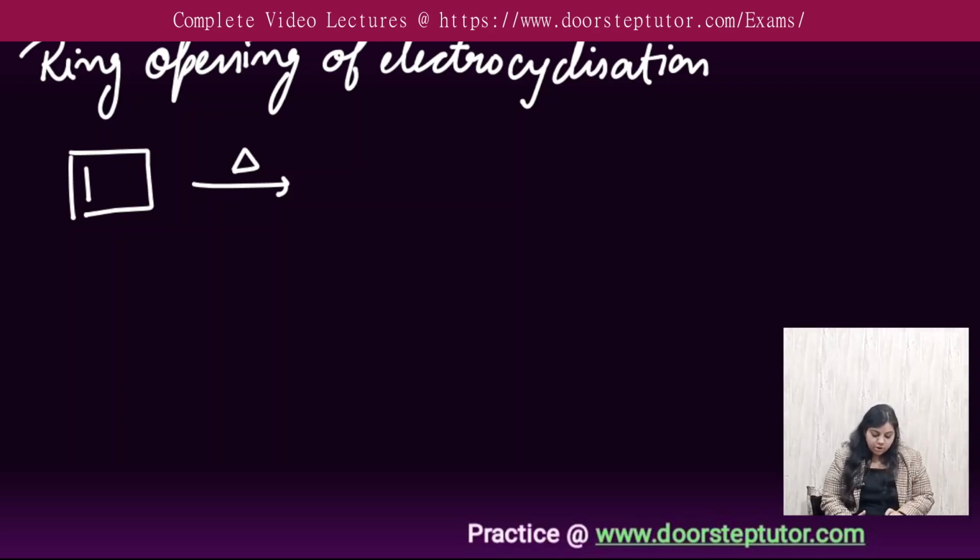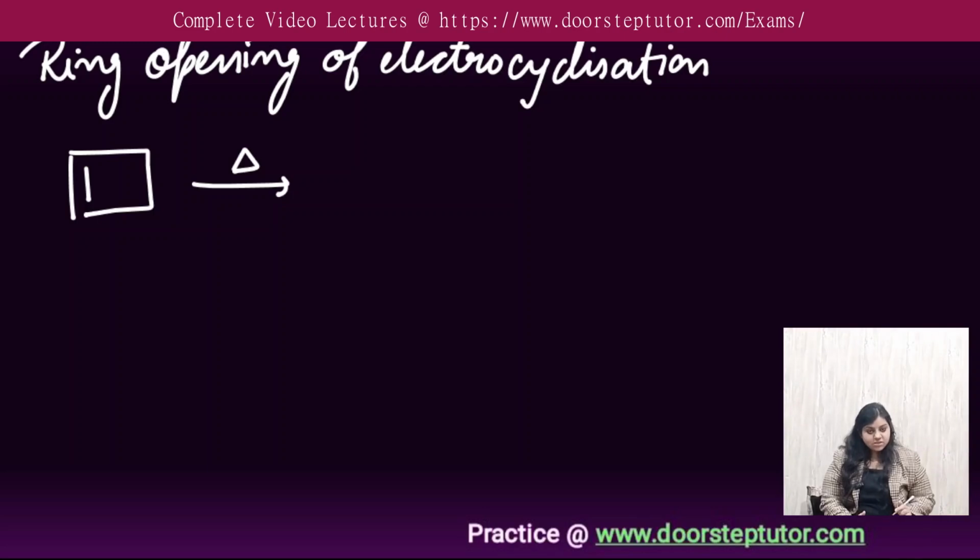Why is it so? Because the rings that we have, there is a strain present in them. So as compared to the sigma bonds being present in the strained system, it is beneficial to have them in the form of pi bonds, because the strain present in this ring is going to create instability in our systems.